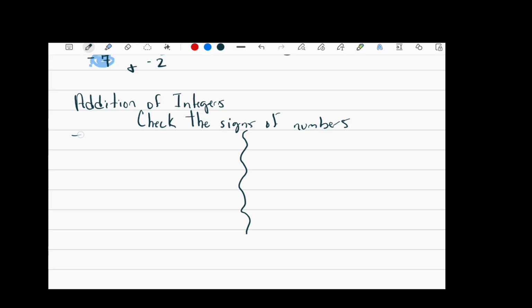If your numbers have the same sign, this is what I mean by that. If we have negative 6 plus negative 3. Now, those of you that had me before, I don't like my plus and my dash beside each other, so I'll put a parenthesis around any negative number.